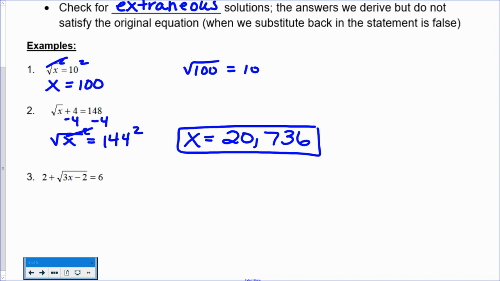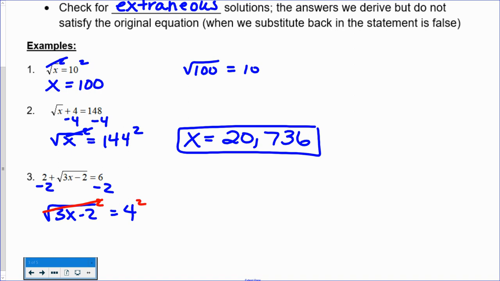Okay. Our next problem here. Once again, I will isolate the radical. So I have this plus 2 on the outside, so I will need to subtract it first. Now that 3x minus 2 is inside of that square root, I have isolated the radical. I can now square both sides, and when I square it, I'm undoing that square root.